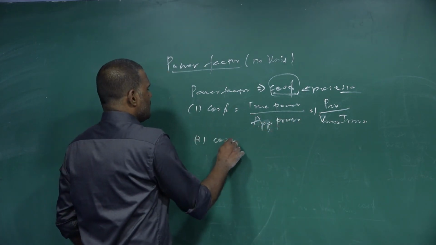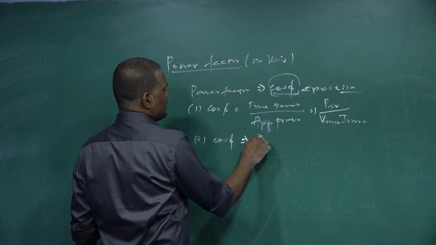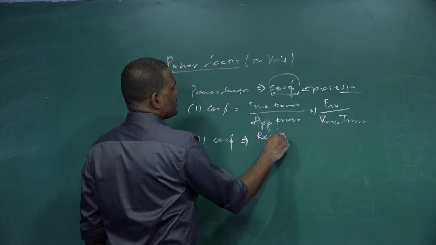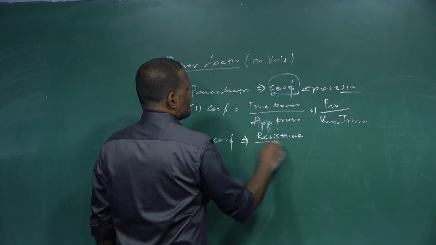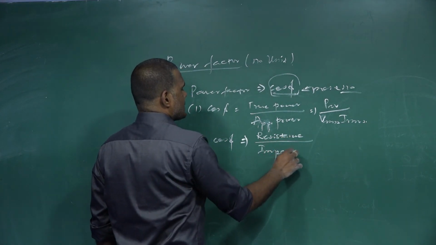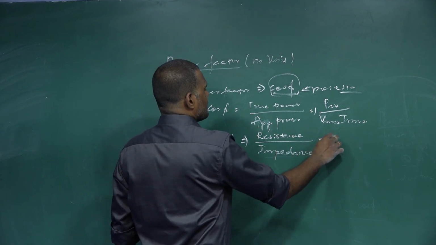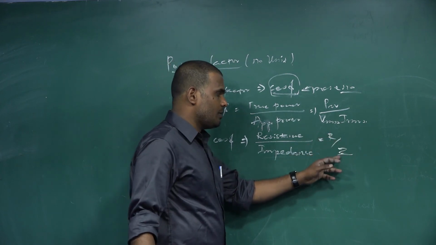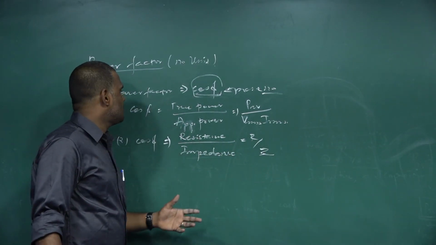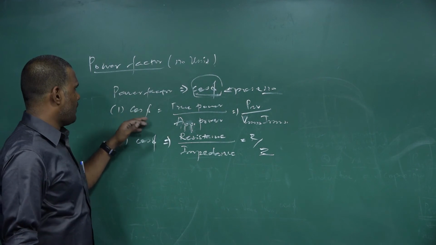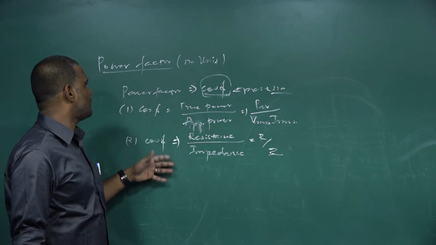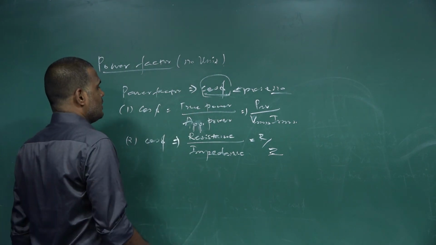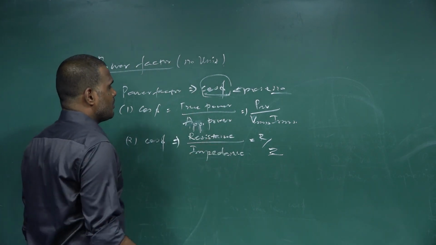Also, the cos phi power factor can be represented as the ratio of resistance to impedance in an electrical circuit, which is R divided by Z. Resistance has the unit ohm, impedance also has the unit ohm. So power factor can be expressed in these forms: true power by apparent power, or average power by VRMS IRMS, or resistance divided by impedance.